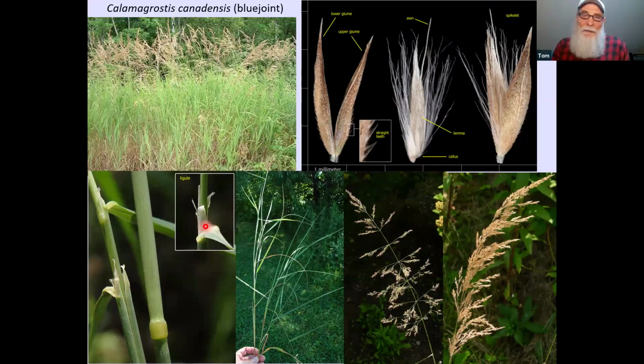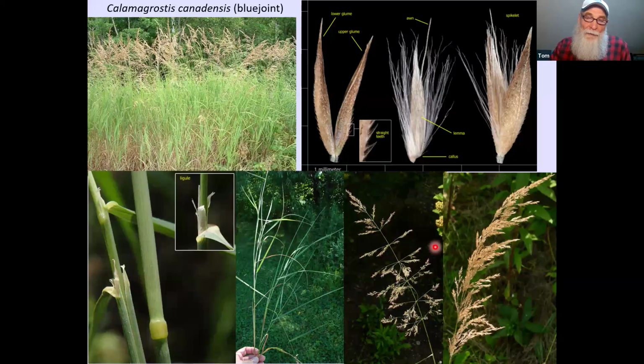And I think I said 10 millimeters for reed canary grass. But one thing that does seem to be more true with these is that they tend to be more torn or lacerate. You can kind of see in this one here. So the ligule probably isn't going to be a whole lot of help. What you have to look at is really the whole grass.